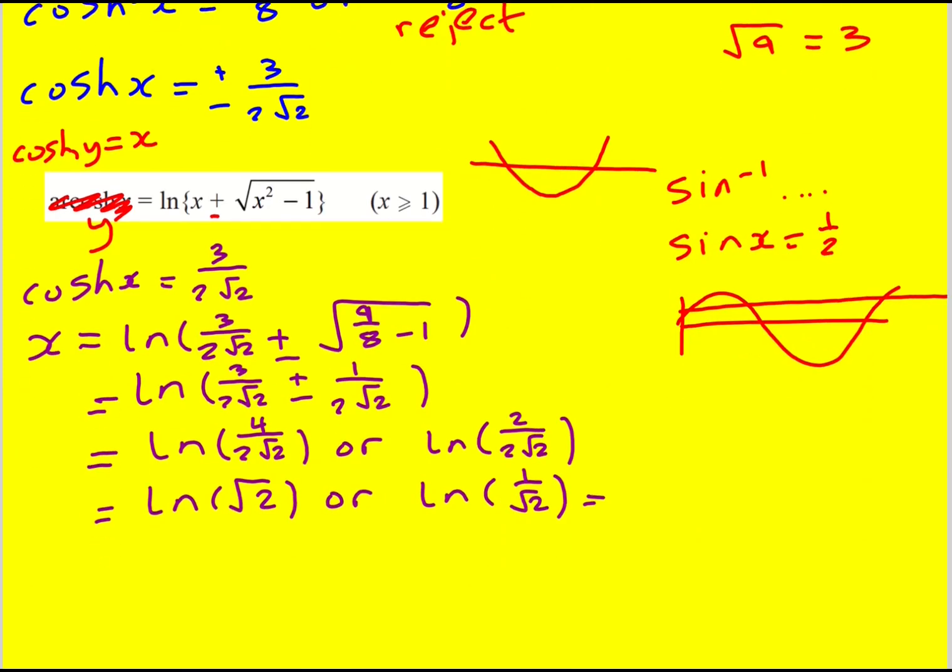Okay, so this one here is going to be a half ln 2, and this one here is going to be minus a half ln 2, because it's root 2 to the minus 1. Or you could imagine just subtracting it, I guess. Yeah, it's going to be ln 1 minus ln root 2. That's another way to think about it, but we will get that minus a half ln 2. Okay, so I'm just going to put boxes around these.